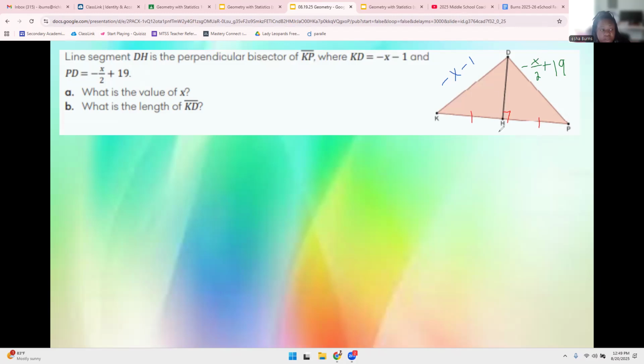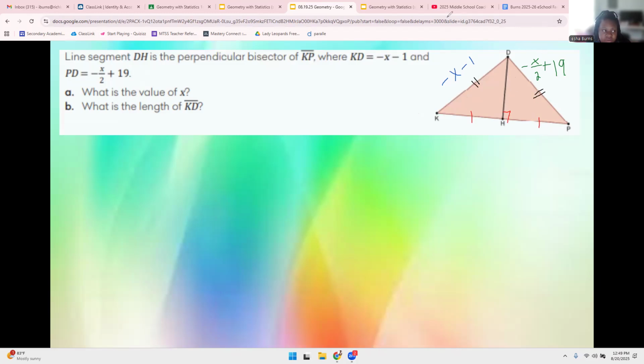All right, so the other thing we didn't mention on our last picture that we talked about on the 19th is that any point that ends up on our perpendicular bisector, so even if it was a point right here, is going to be equidistant from both of the vertices, K and P. So with that in mind, I'm going to put it in black tick marks, KD is congruent to PD.